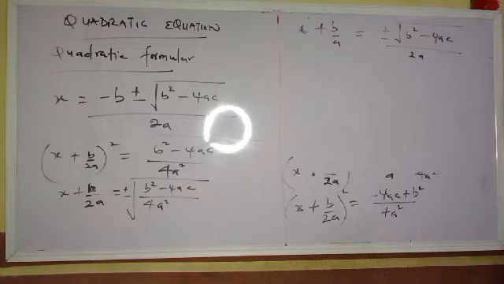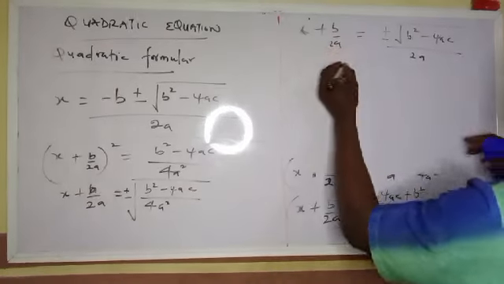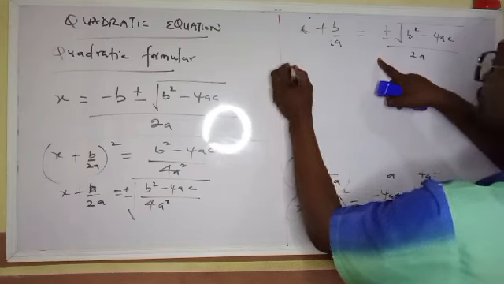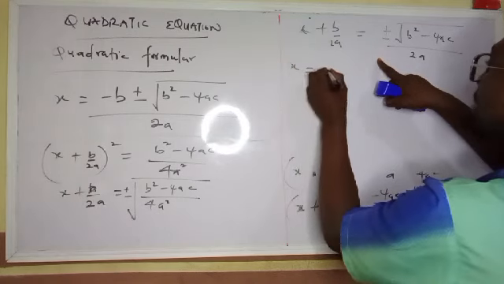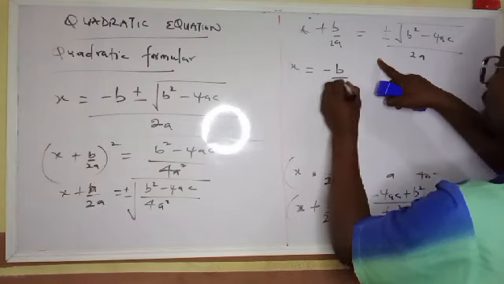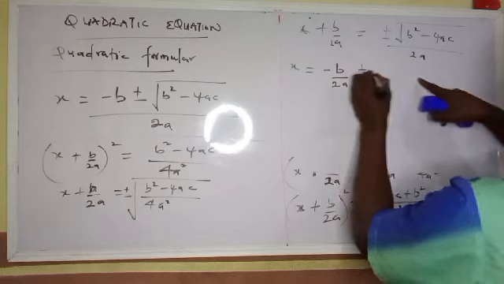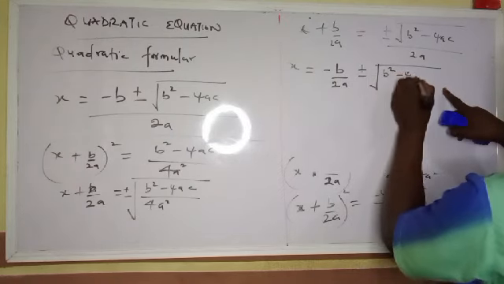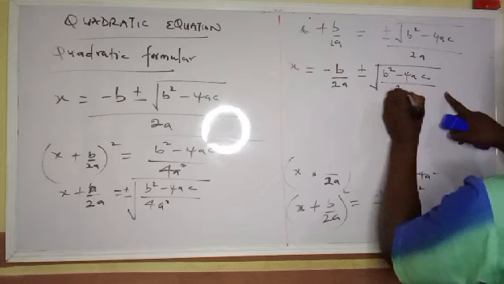Now let's bring this plus b over 2a to this side, so that we have x is equal to minus b over 2a plus or minus the square root of b squared minus 4ac all over 2a.